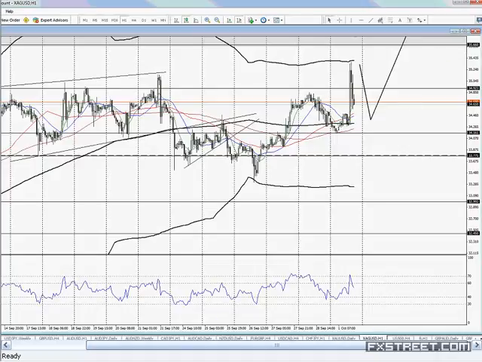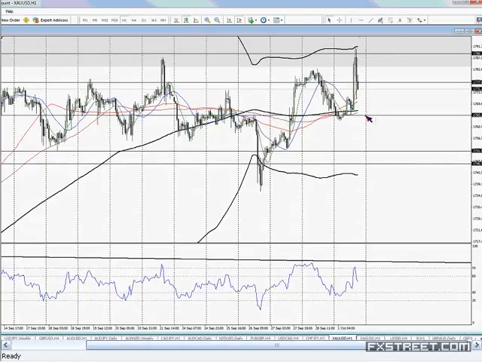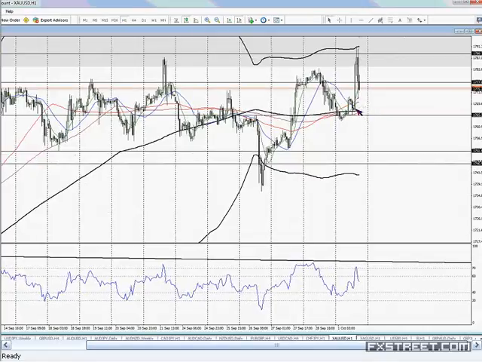And for gold, I think it would be very similar. I look at this 1765 area as the central pivot of this range, and if the market breaks above, comes back, and stays above this area, I would consider the breakout to possibly have legs.